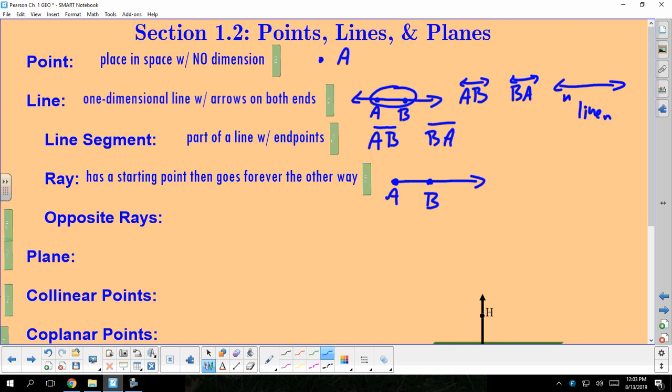It's important to note that with our shorthand notation for rays, we can't go backwards. Right? The only way to name this ray is AB. Right? The first letter gives us our initial point, our starting point. And then this letter determines direction.